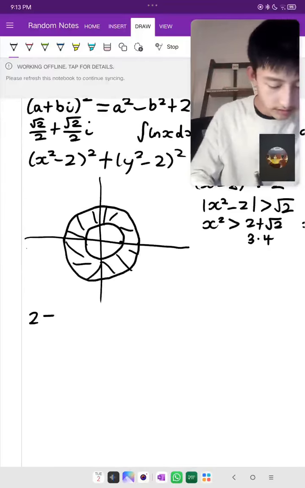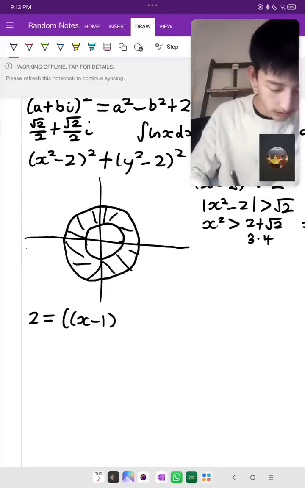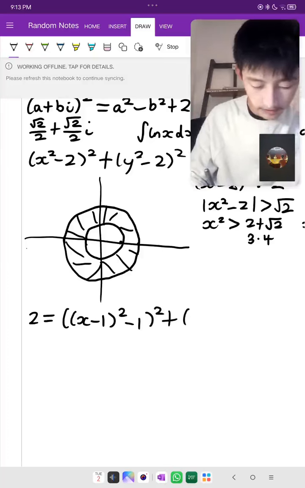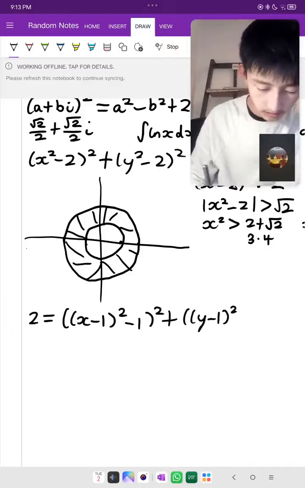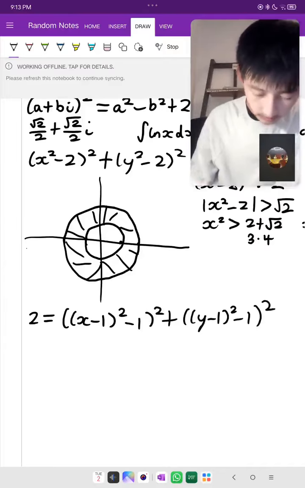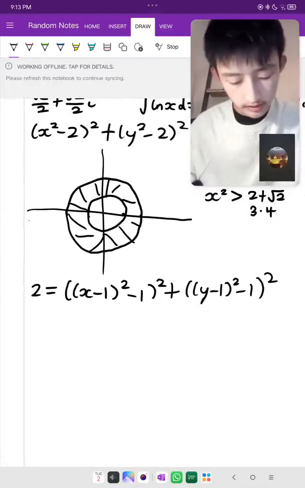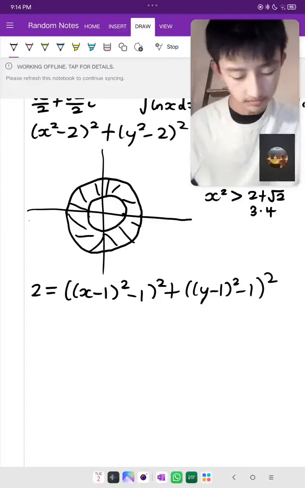I'm going to get that 2 is equal to x minus 1 squared minus 1 squared, and then same thing, y minus 1 squared minus 1 squared. So this looks like it's just this circle centered at the origin, radius root 2, but in fact it's not centered at the origin.